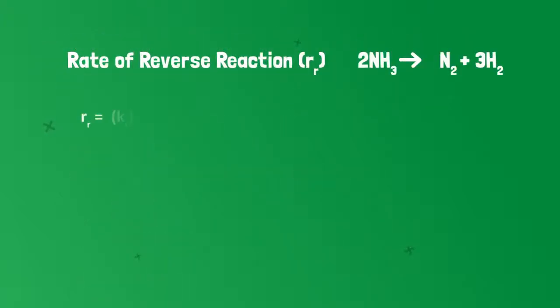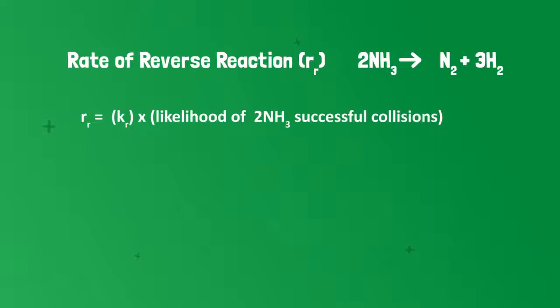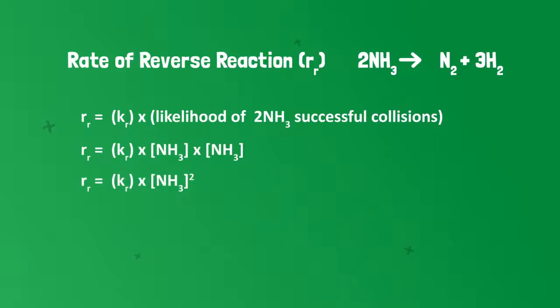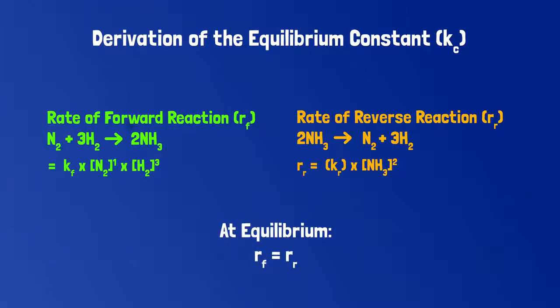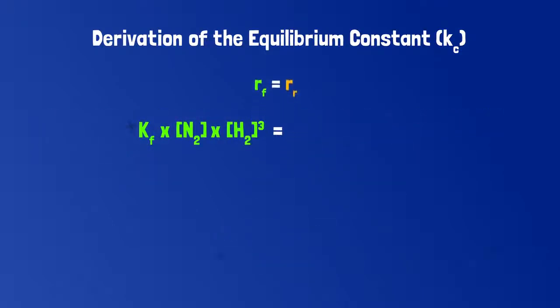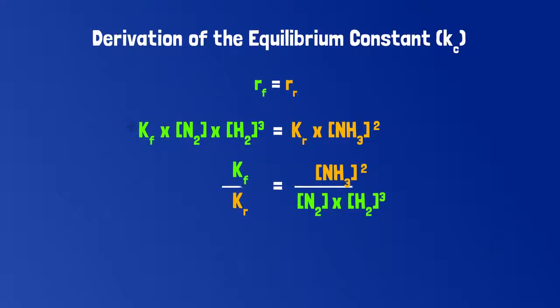Similarly, the rate of reverse reaction, Rr, is equal to its reaction constant, Kr, times the concentration of the products raised to the power of the number of their moles. At equilibrium, the rates of forward and reverse reactions become equal. After rearranging the equation, we can give another name to the constants, Kf divided by Kr.